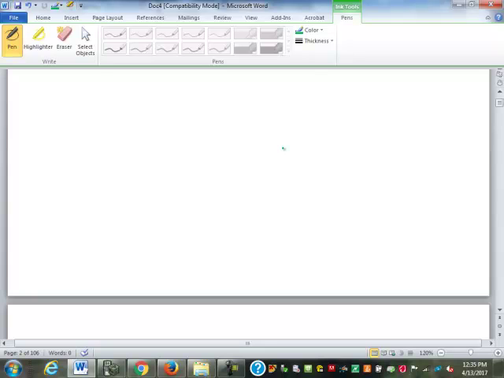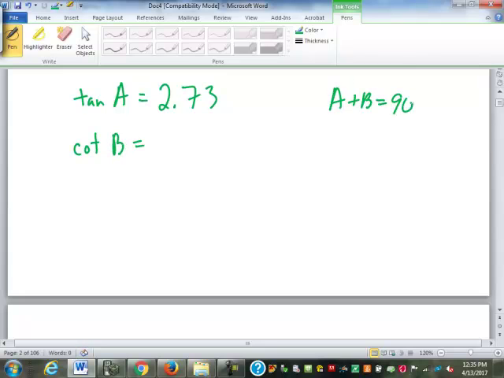If I tell you that the tangent of angle A equals 2.73, and I tell you that A plus B equals 90 degrees, what is the cotangent of angle B?